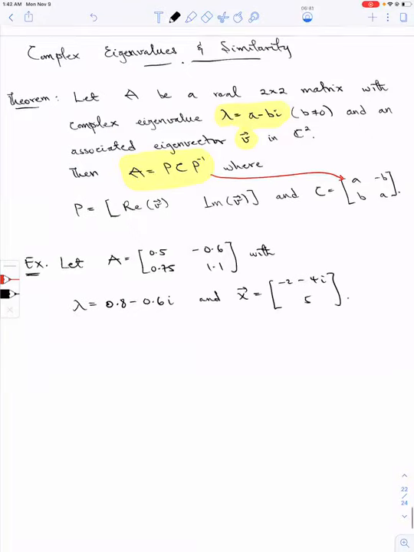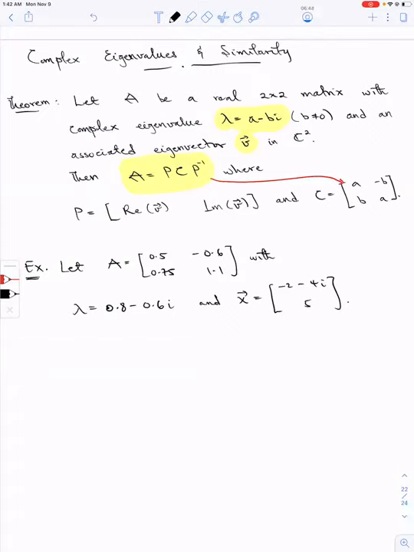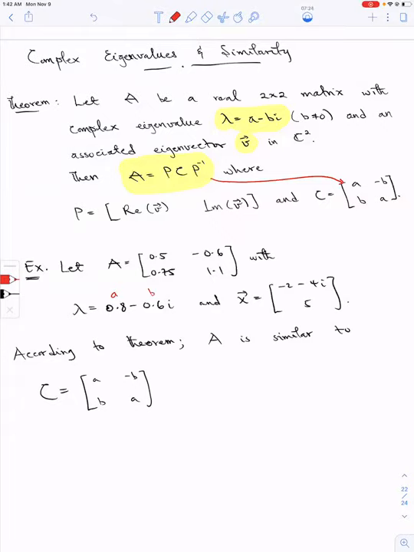Let's say I have my matrix A, which is equal to [0.5, -0.6; 0.75, 1.1], with eigenvalue lambda equal to 0.8 minus 0.6i, and the corresponding eigenvector is [-2 minus 4i, 5]. According to this theorem, if I am interested in finding a matrix which is going to be similar to A, I can have my P. So according to the theorem, A is similar to C, where C is going to be [a, -b; b, a], where this is my a and this is my b.